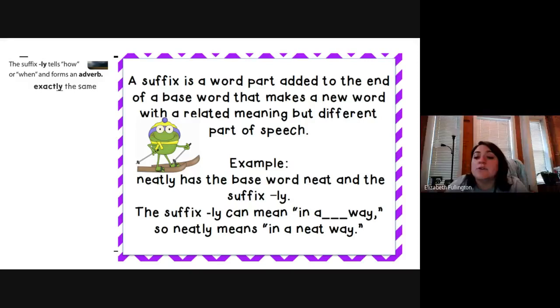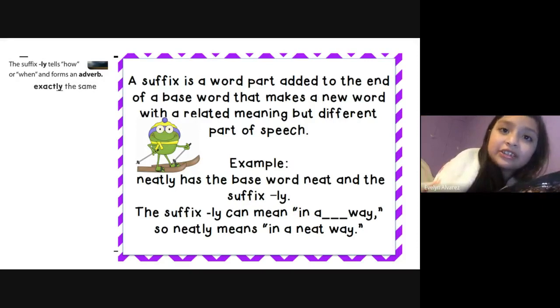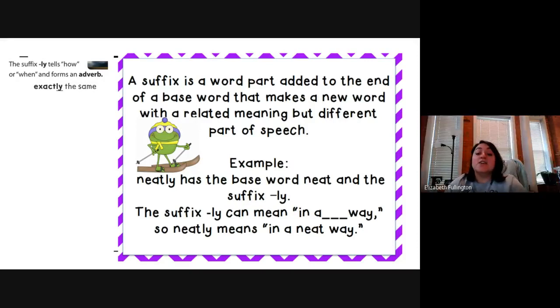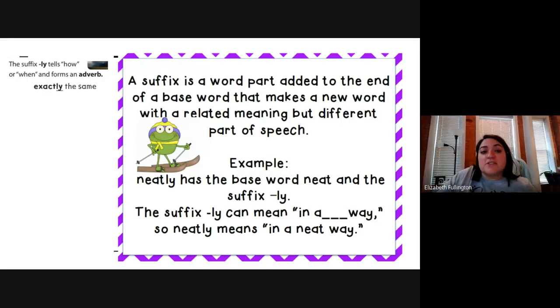Carefully. Carefully, right. Or nicely, right? Or calmly. Or gently. So it means sort of different things, right? So it says here, the suffix ly can mean in a calm or nice way.